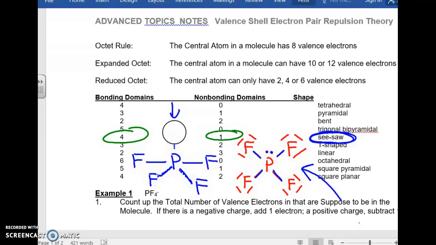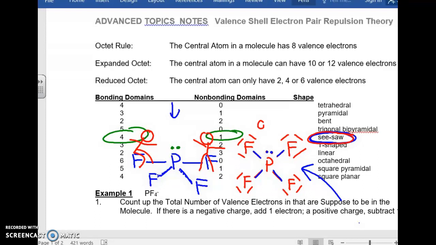And this last part is not a bond, but a non-bonding domain. You actually can see that this looks like a little seesaw with 2 little merrymakers on here. That's why they call it seesaw. That's why it's actually the accepted term.